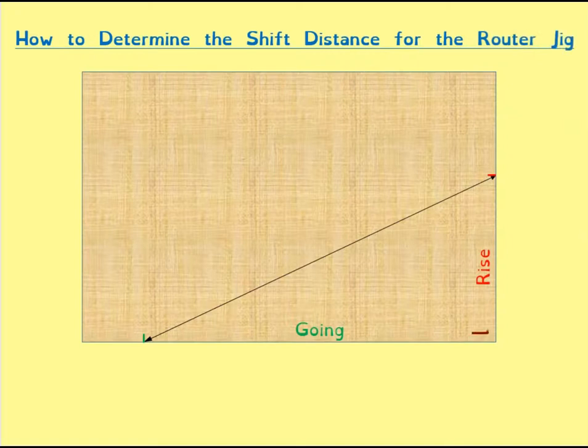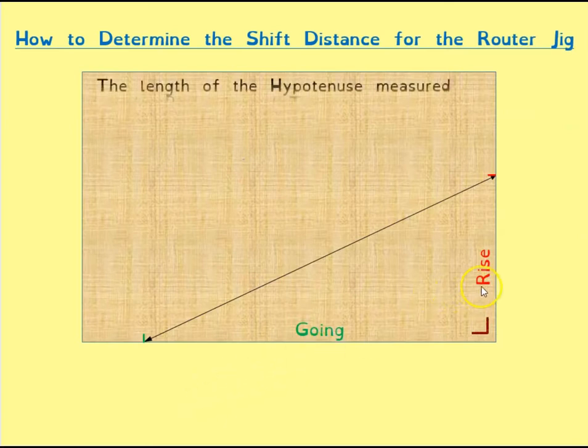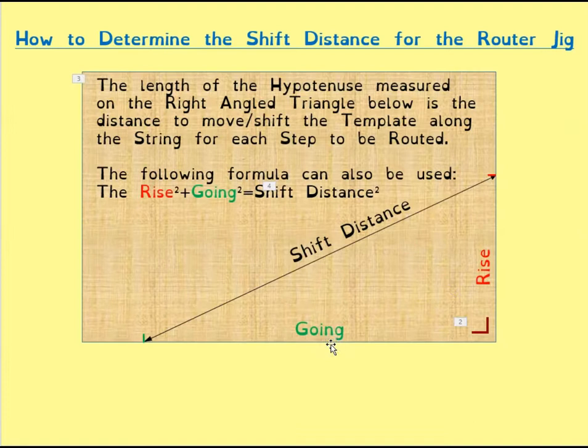Okay, the message from this slide basically is making the point that once you have your rise and going marked on your template, if you measure the diagonal between the rise and going, which is the hypotenuse of a right angle triangle, that is the distance you'll be moving the template each time along the stair string when you're routing it.